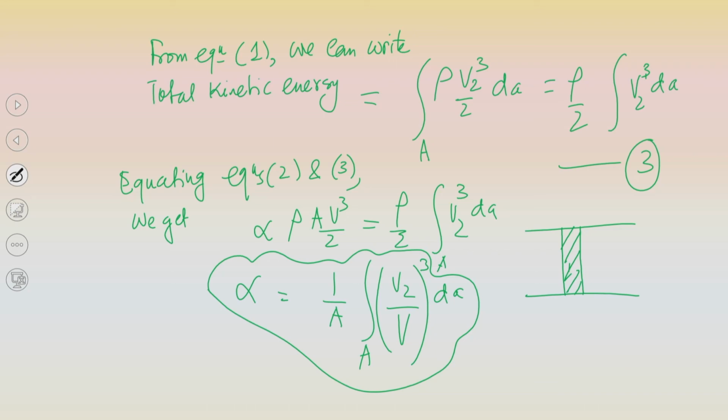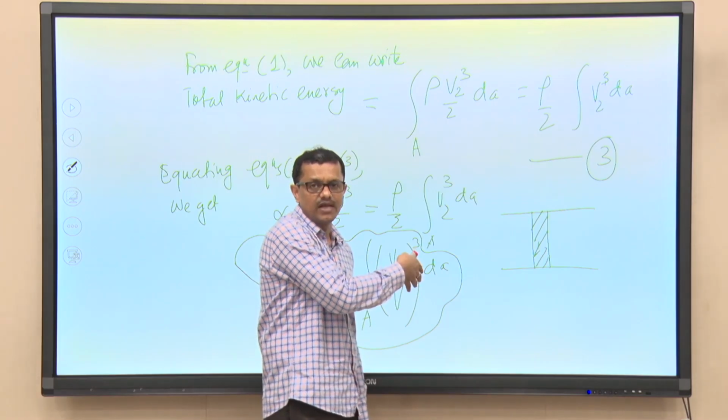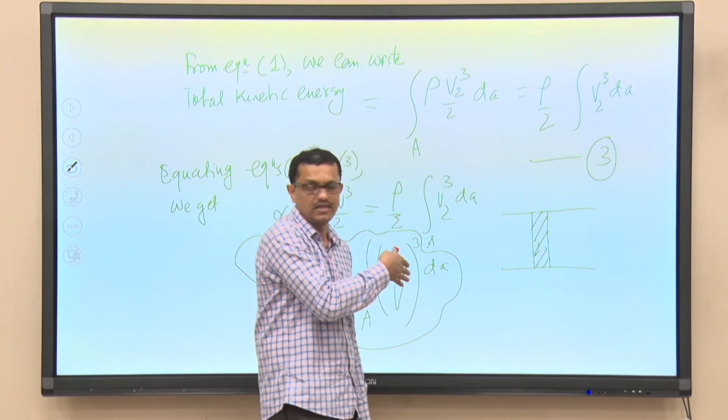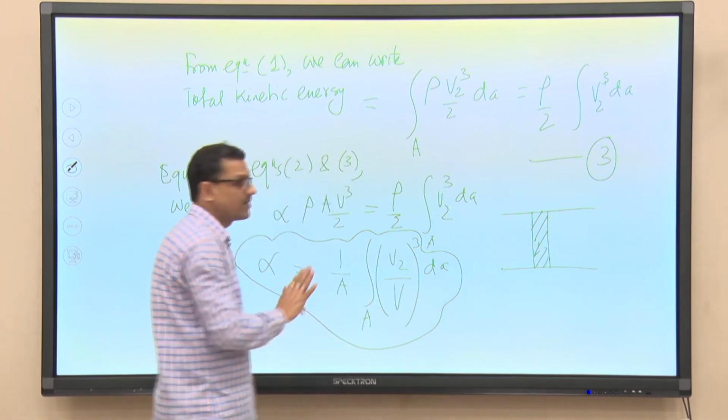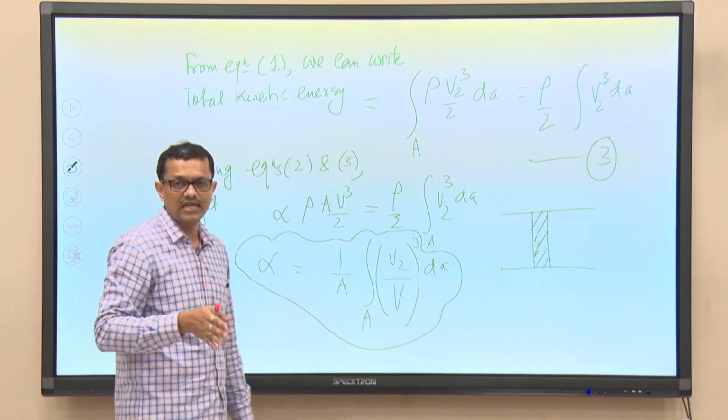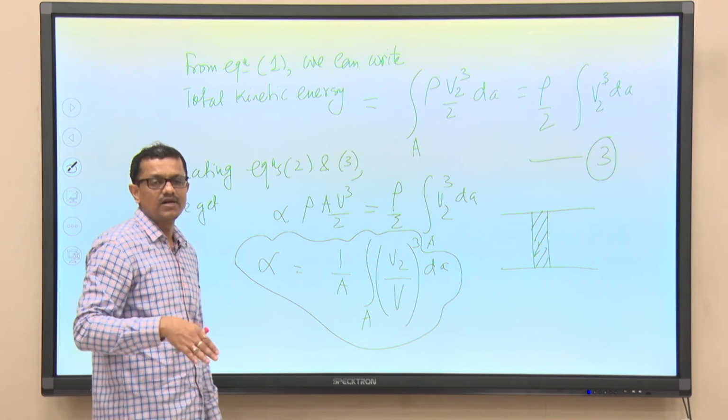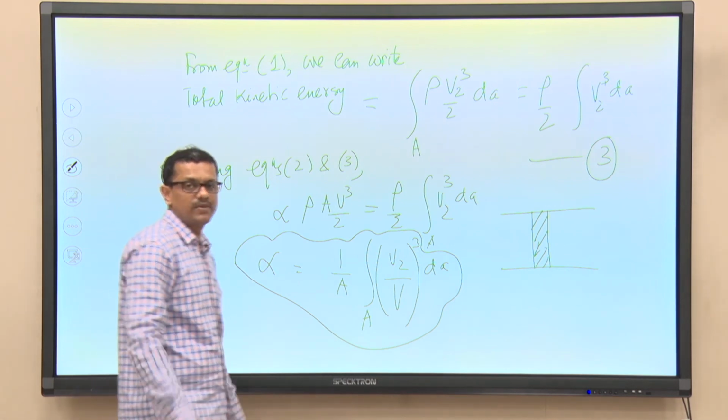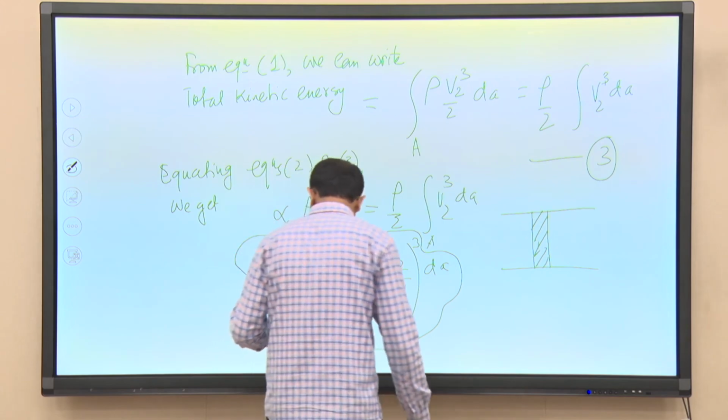Whether the velocity distribution is parabolic, plug type or any other profile depends on the viscous shear stress. So, the kinetic energy correction factor depends on the velocity distribution at that section, and that is dependent on the viscous shear.